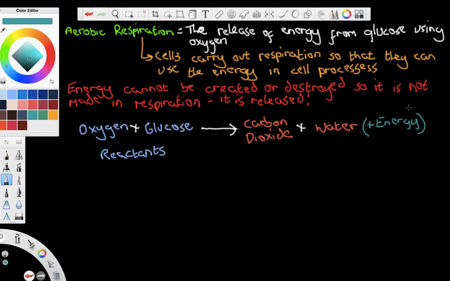Now, we also said in the previous lesson that oxygen and glucose are carried to cells through blood vessels, okay?